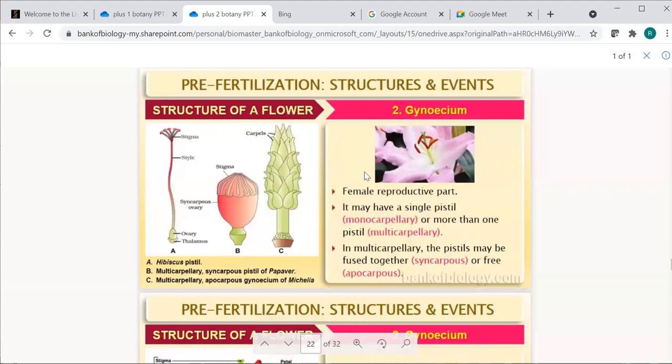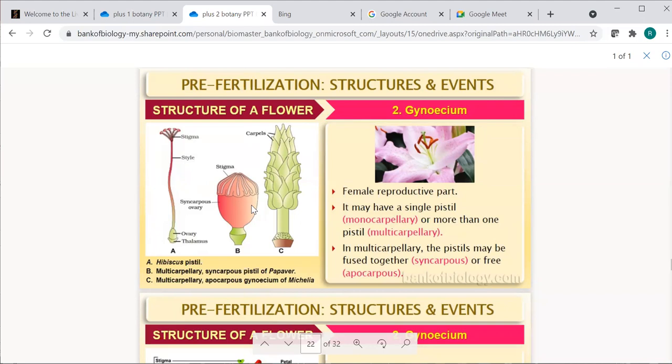And we just started with Gynoecium, the female reproductive part, which has a single pistil, or some may have more than one pistil. Pistil means the one which includes stigma, style, and ovary. So some flowers will have only a single pistil, some will have more than one pistil.